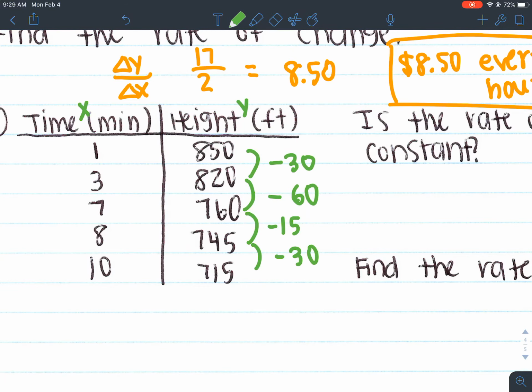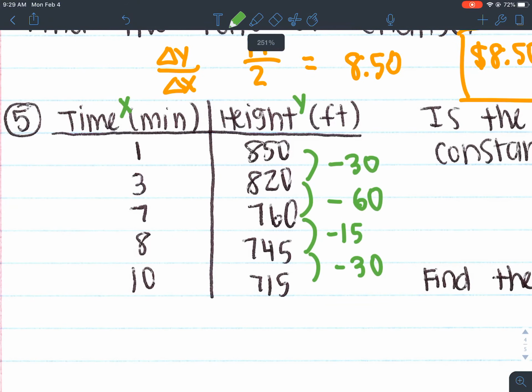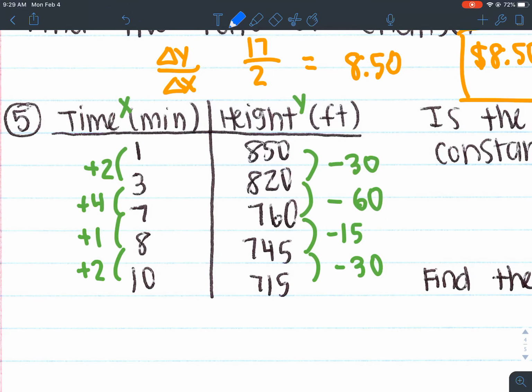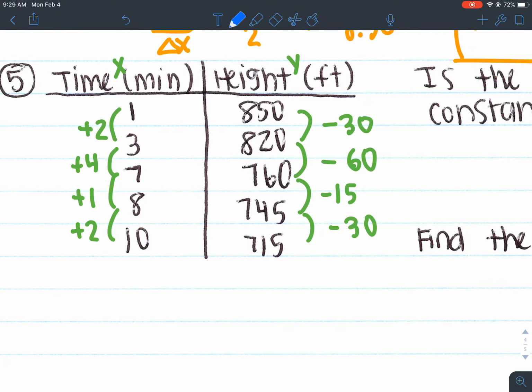Okay. Well, let's look at the x's. From 1 to 3, that's plus 2. From 3 to 4, that's plus 4. From 7 to 8, that's plus 1. And from 8 to 10, that's plus 2. All right, so right now this looks really funky, and you're like, okay, clearly this is not constant. Well, let's think about this. At 1 minute, we were at 850.